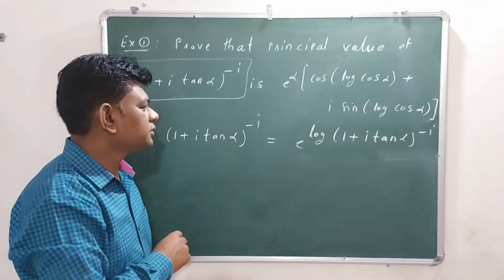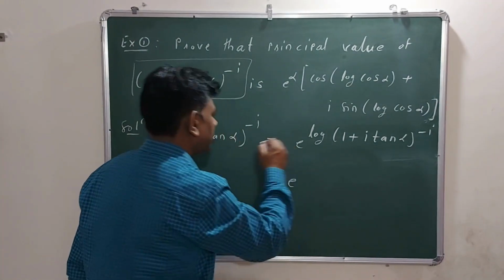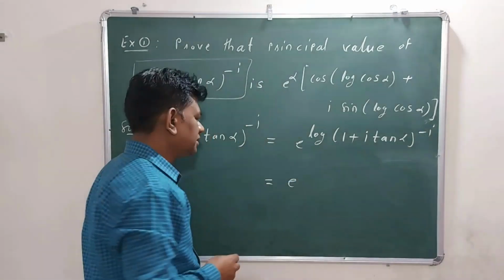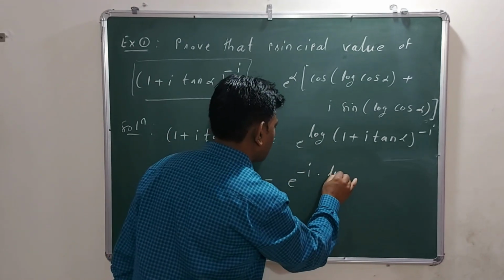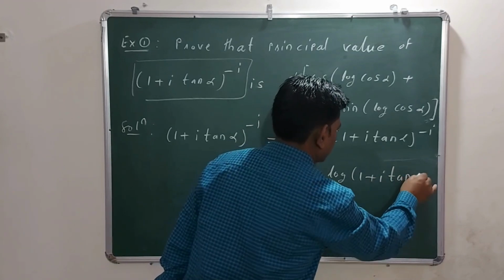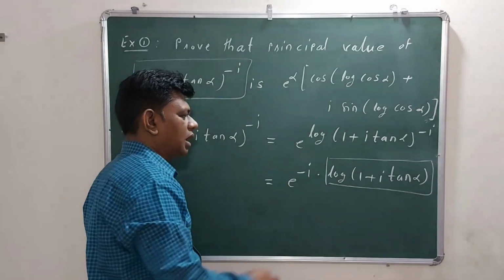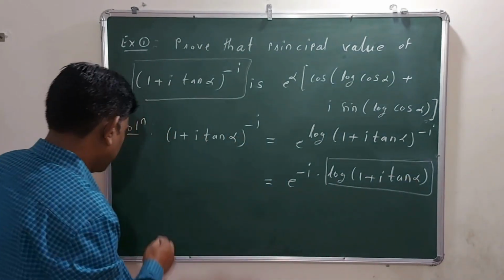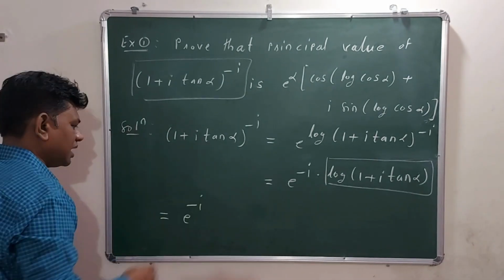Now by using the logarithmic rule, this is equal to e to the power minus i times log of 1 plus i tan alpha.